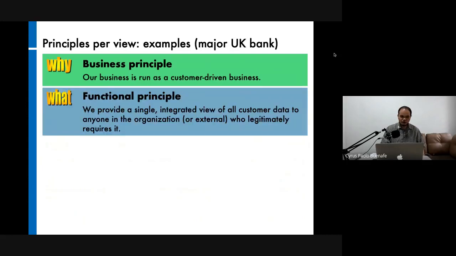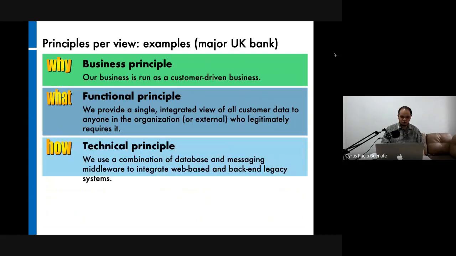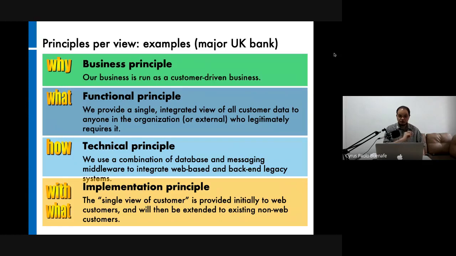So here are examples of principles, okay, on a per view basis. Okay, so for example, the principle statement at the business view is this: our business is run as a customer-driven business. Okay, it's a principle. Later on, you'll ask yourself whether this is a good principle, or you can improve on it.